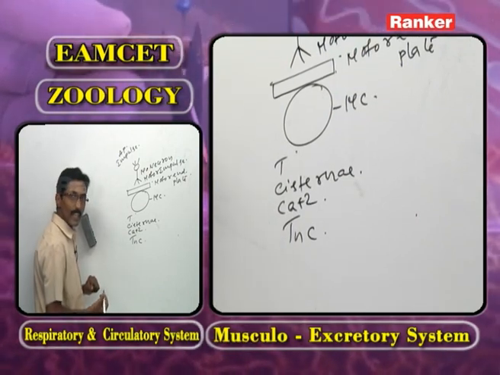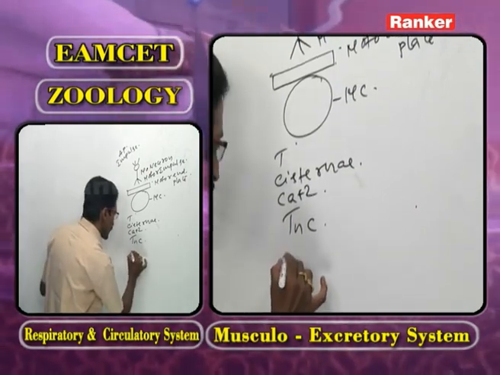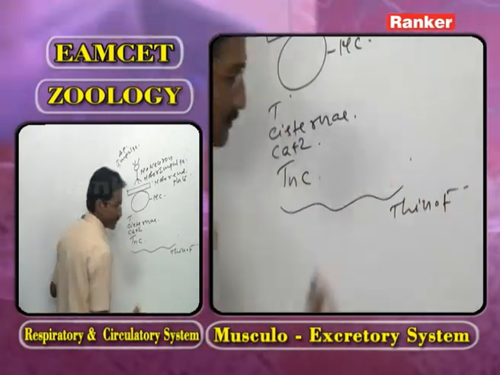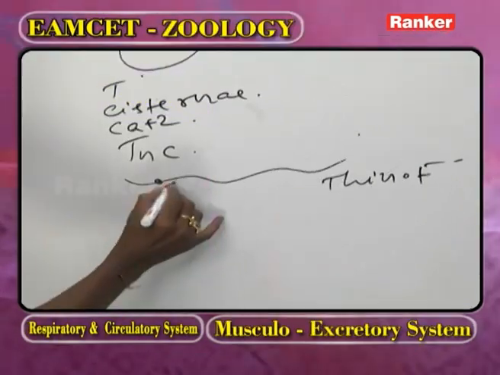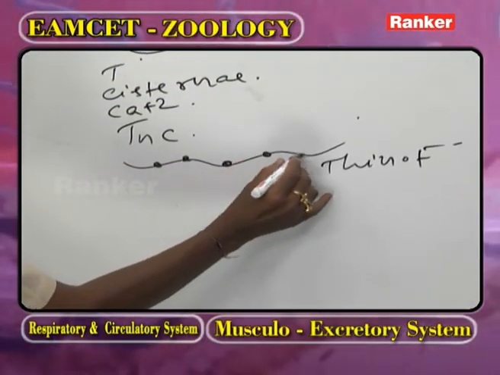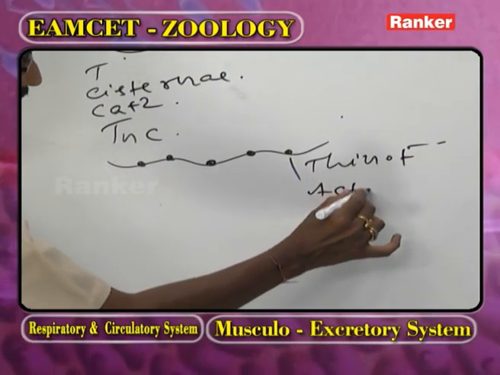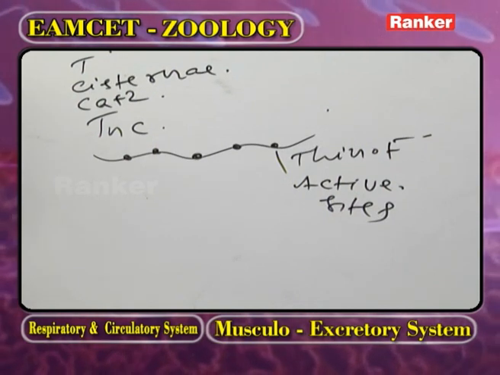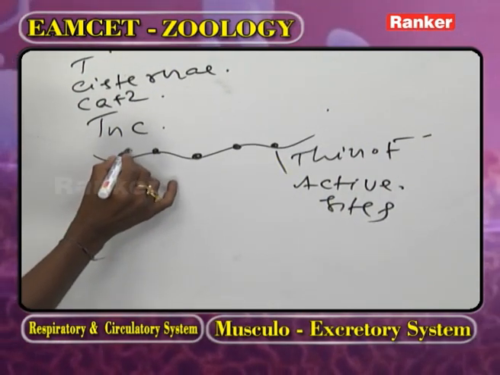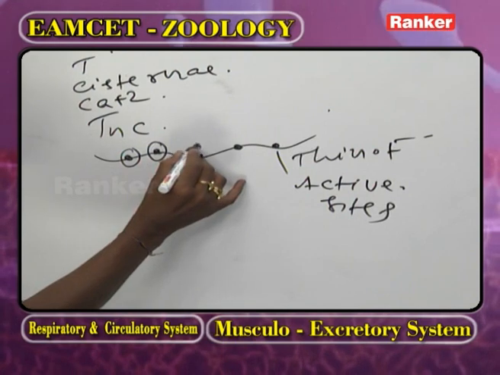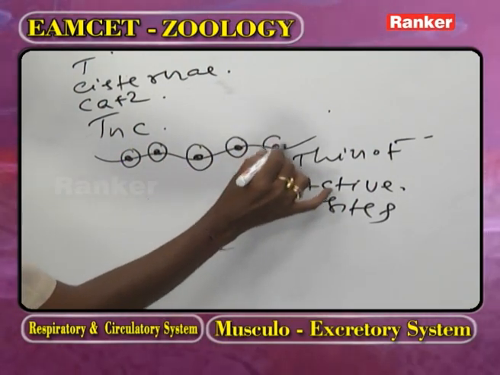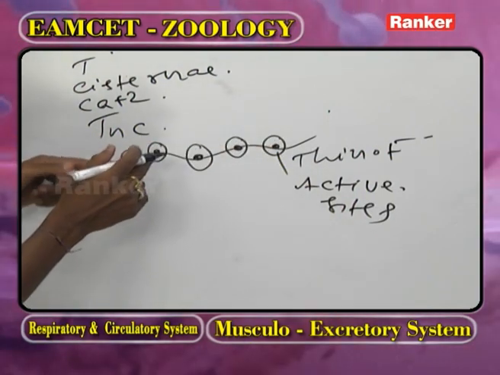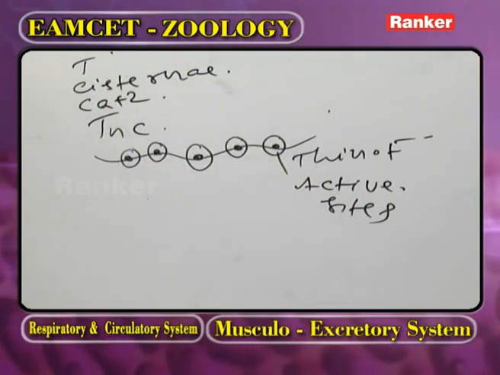Now because of the calcium ions, as we observe, this one we call the thin filament. On the thin filaments, what are present? The active sites. These dots are called active sites. Whenever the muscle is at rest, the active sites are covered by tropomyosin. Whenever the muscle is at rest, on the thin filament, we are unable to observe the active sites.